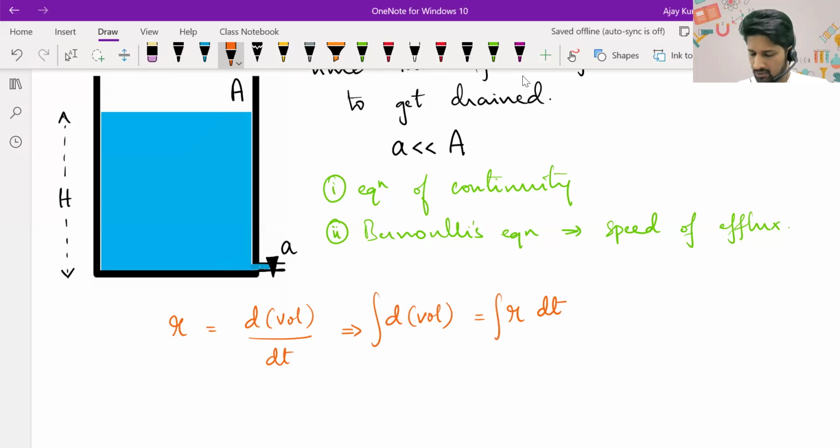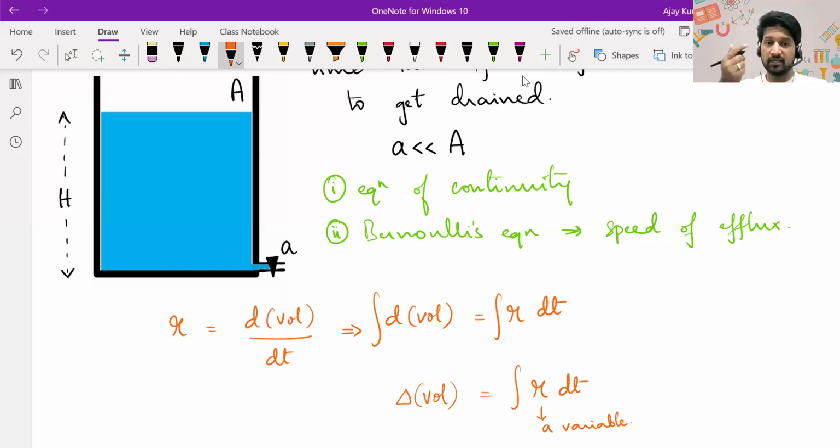The integral of small changes in volume will become the total volume that escapes, equal to the integral of the rate of flow of volume, R dt. Here R is a variable, so you can't put it outside the integral. The rate of flow becomes variable here because the speed of efflux is a variable.